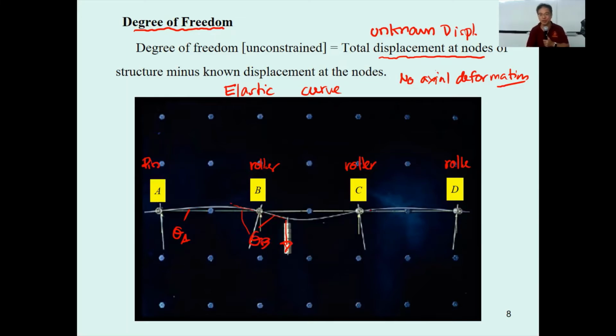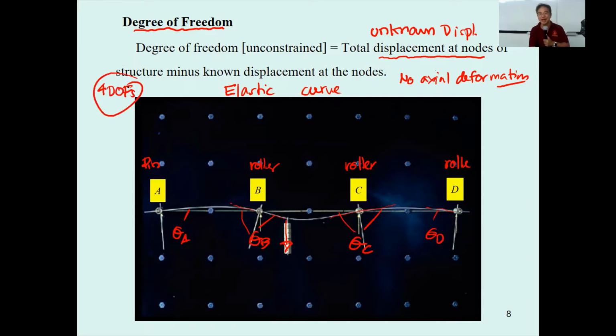I mentioned this previously, when we were talking about the slope deflection equation. This is going to be theta sub C, and the last one over here is going to be theta sub D. Based on this, you will have 4 degrees of freedom.